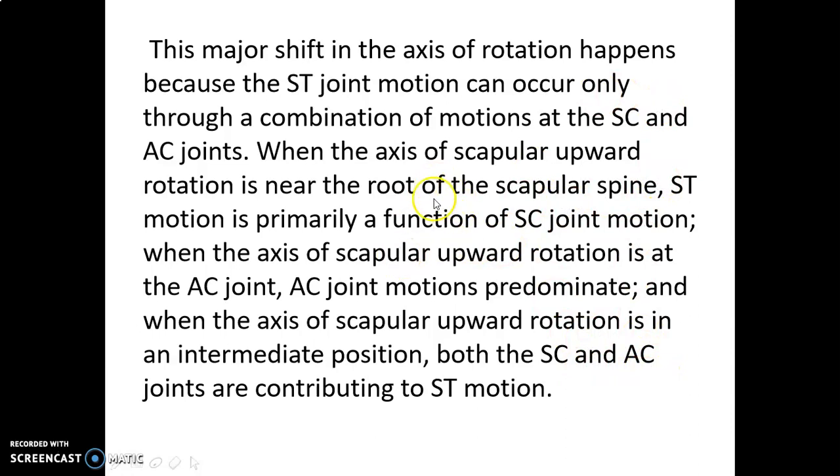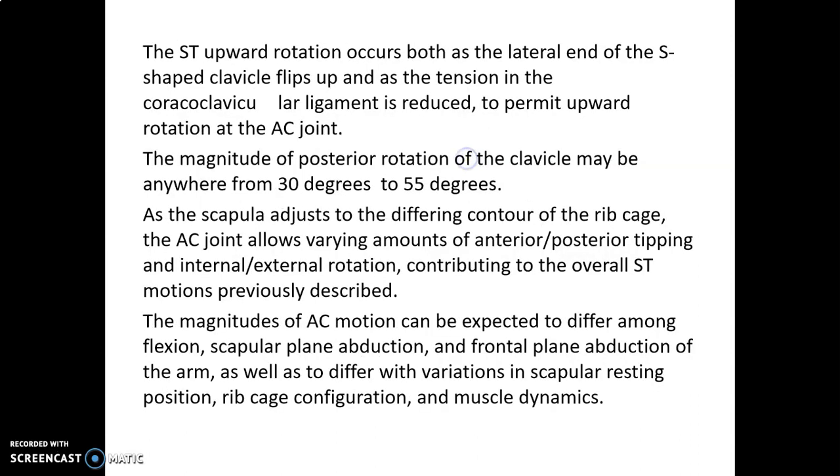If the axis is in between the root and the acromioclavicular joint, both the sternoclavicular joint as well as the acromioclavicular joint play an integrated, equal role to have a good, smooth shoulder function.